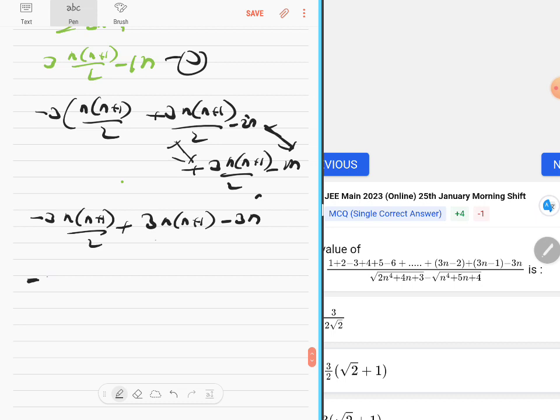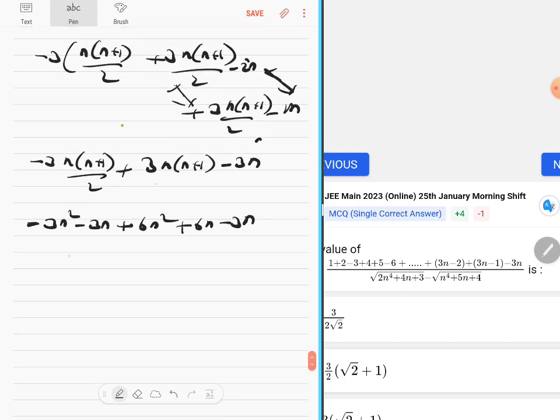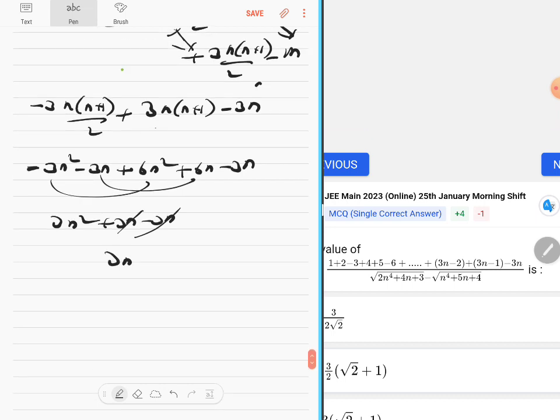So it's minus 3n square minus 3n, and when you take an LCM of 2, plus 6n square plus 6n minus 3n. What are the solvable terms? This is 3n square plus 3n minus 3n. So it's just 3n square.